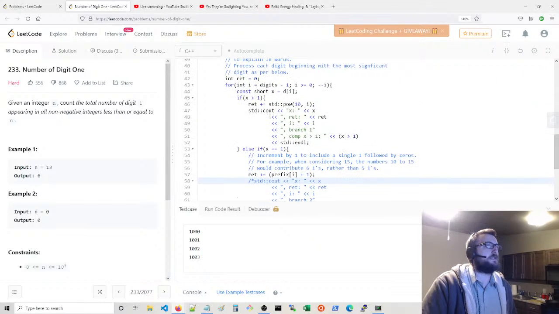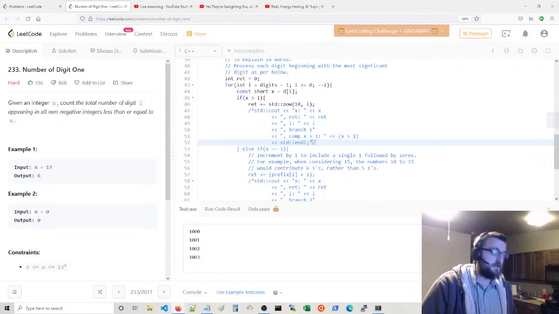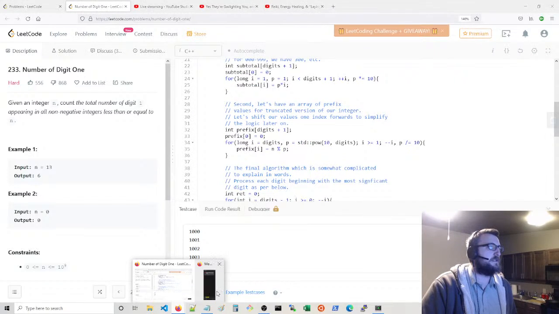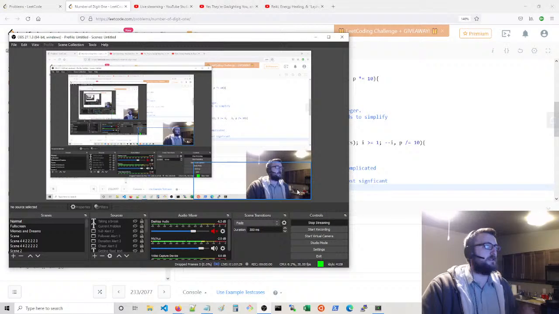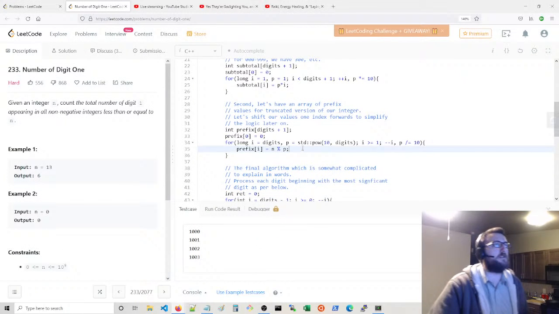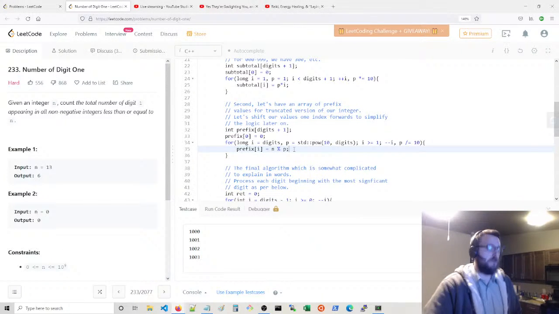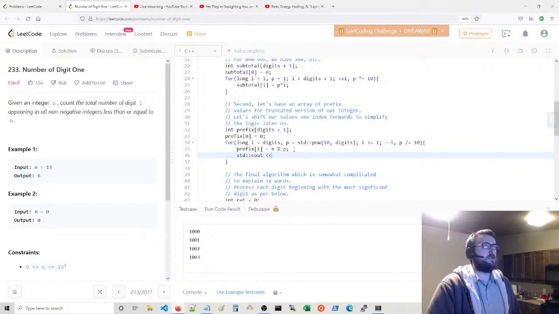Yeah, I calculated those incorrectly. So I had roughly the right idea, but it's just small errors here and there. It's hard to formulate all that in your head and get it all right. I want to prefix.